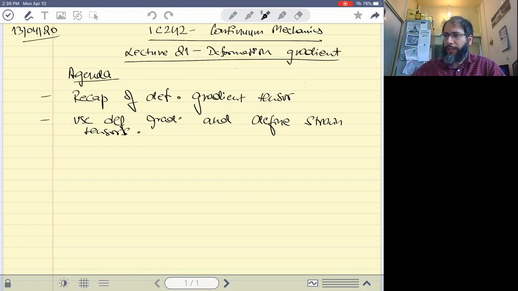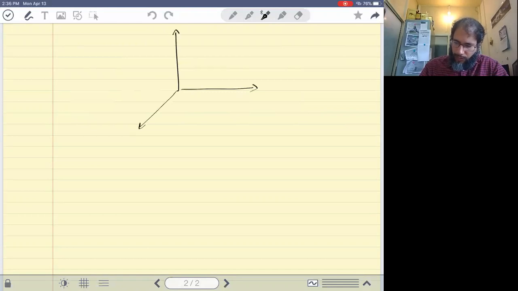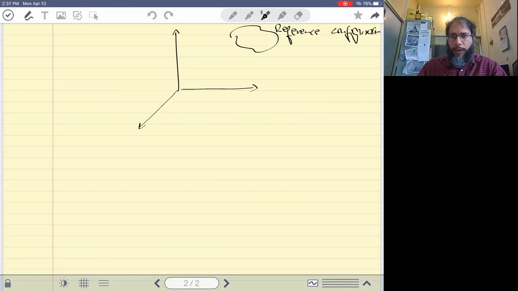So let's quickly recap what we did last time. In the previous lecture, I started with a reference configuration. The reference configuration is the configuration which the body has taken at t equals 0. That is the situation that the body was in at t equals 0.